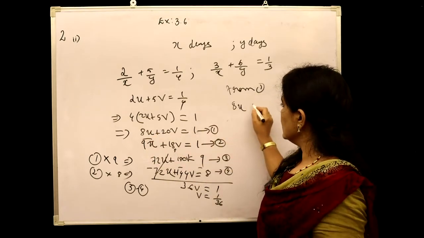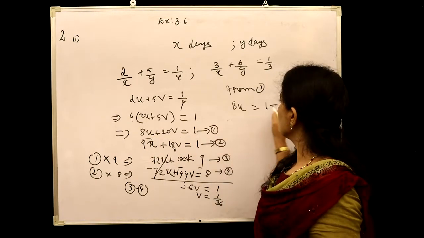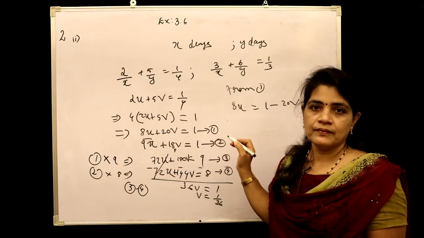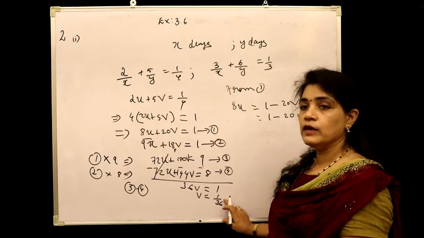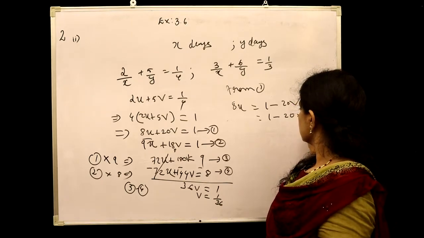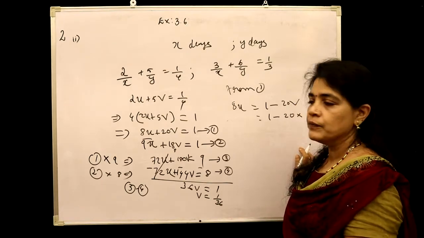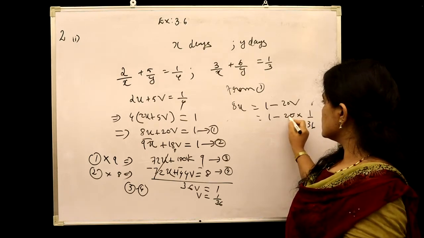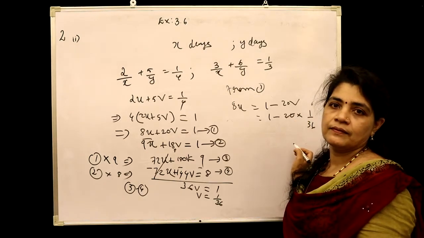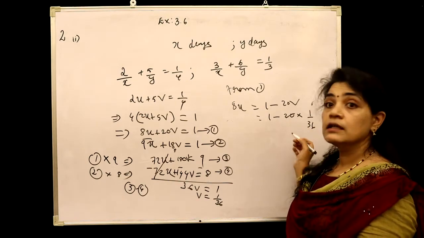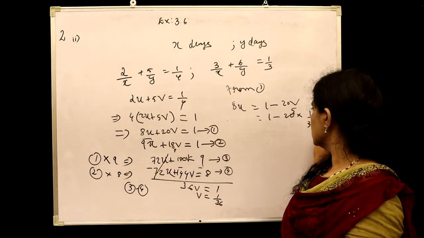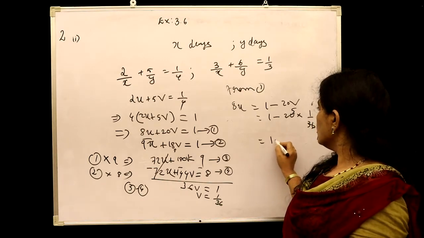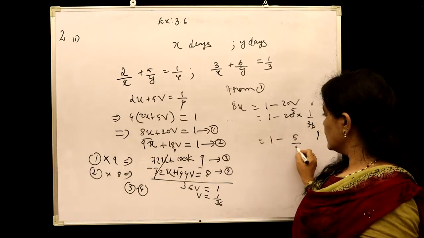We can take 20v to the RHS, so 8u is equal to 1 minus 20 into v. What is v? 1 by 36. You can reduce this 20 and 36, as they are both multiples of 4. So 5, and here comes 9. That is 1 minus 5 by 9.